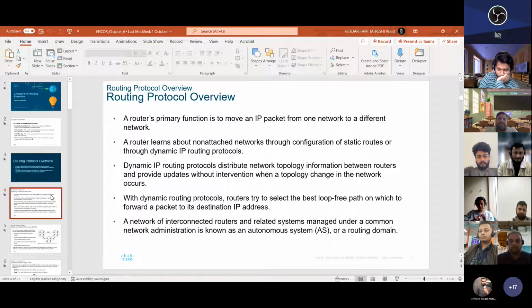Static is the one where you say manually that this remote network exists and this is how to reach it. Whereas dynamic is when routers themselves talk to each other, negotiate, learn networks from each other, and then come to know what is residing where and how to get to it.